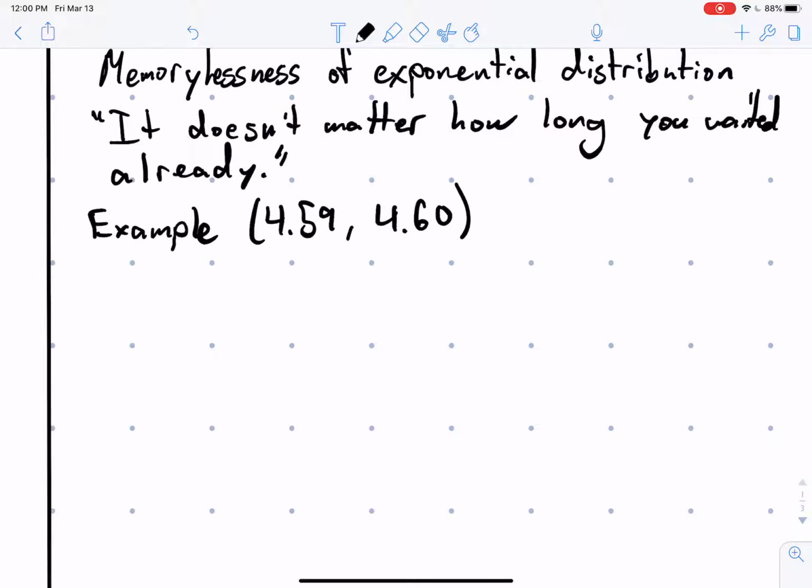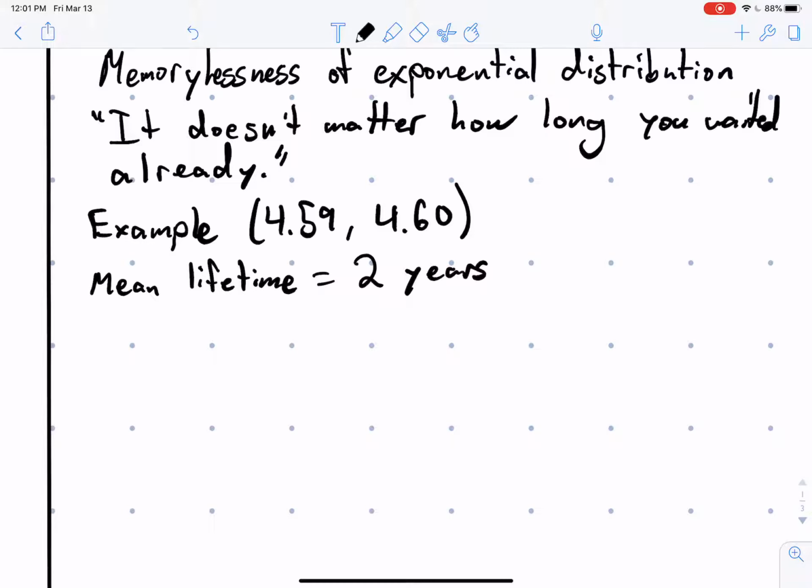This says that the lifetime of a particular integrated circuit has an exponential distribution with mean lifetime equals 2 years.